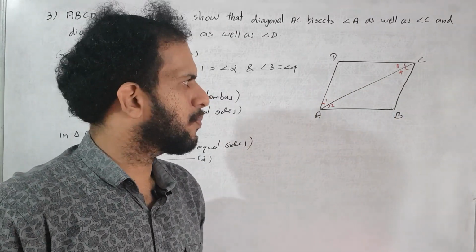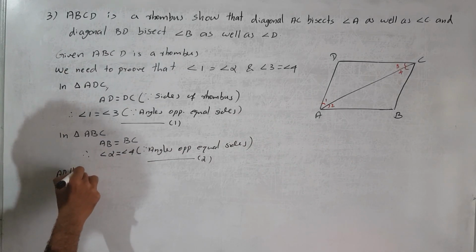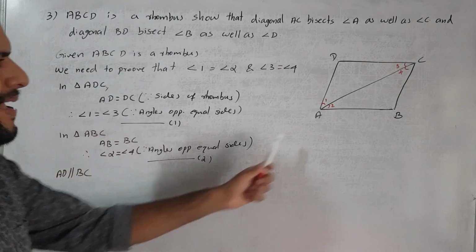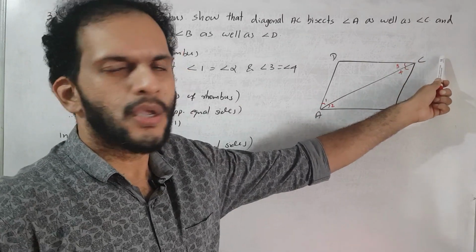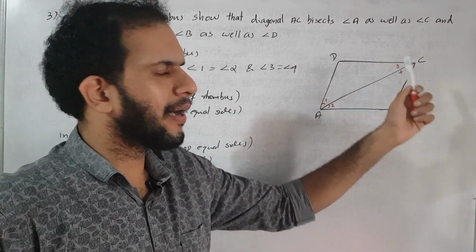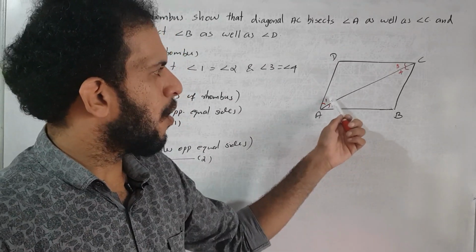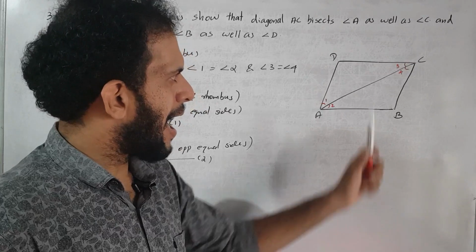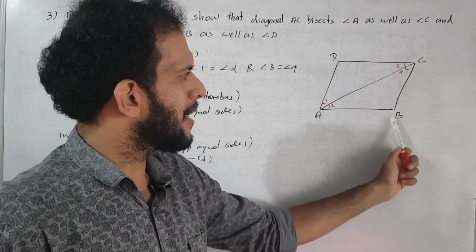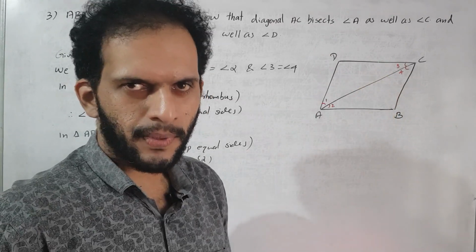AD is parallel to BC, correct? And AD parallel to BC with AC as the transversal. So what do we get? We get angle 1 is equal to angle 4. Why? Because they are alternate interior angles. And DC is parallel to AB, so angle 2 is equal to angle 3, correct?